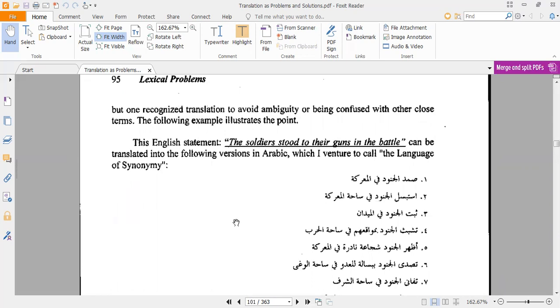Here, "stood to their guns" can be rendered in several ways, and all of these are correct translations of this sentence. Therefore, some expressions have several meanings in the target language. This is due to English, or think: please think why this issue can occur. Why can this issue occur?